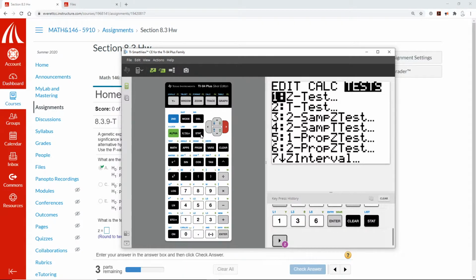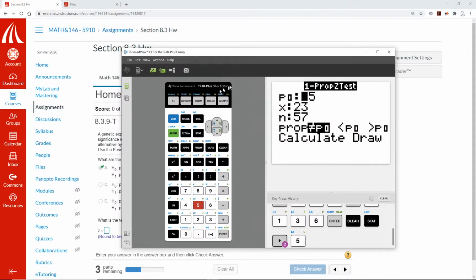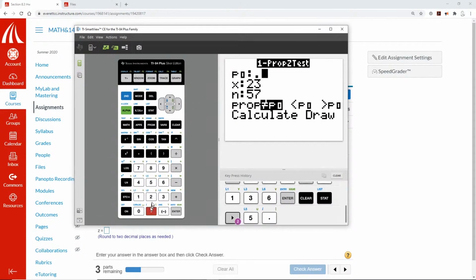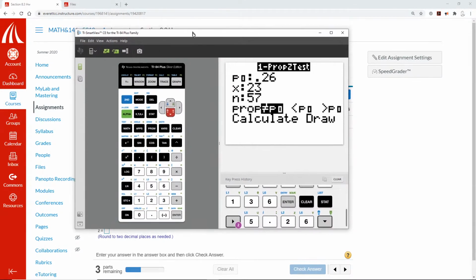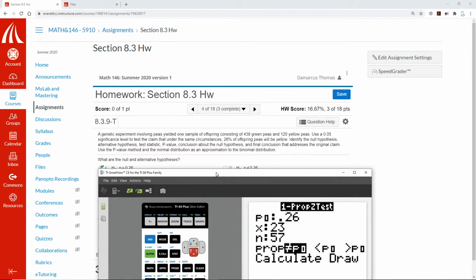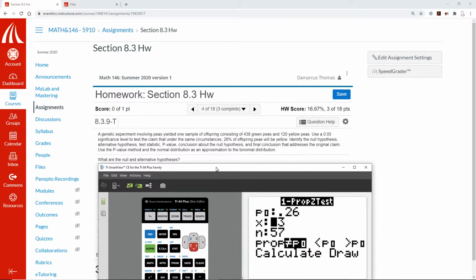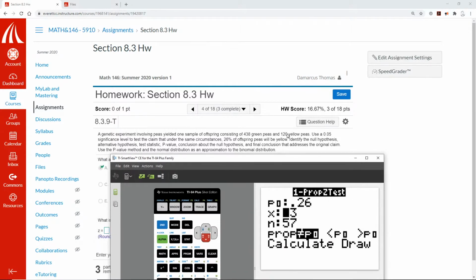So you go into stats and then 1-PropZTest. We're dealing with 0.26. And then we also have to enter the successes, 120 yellow.